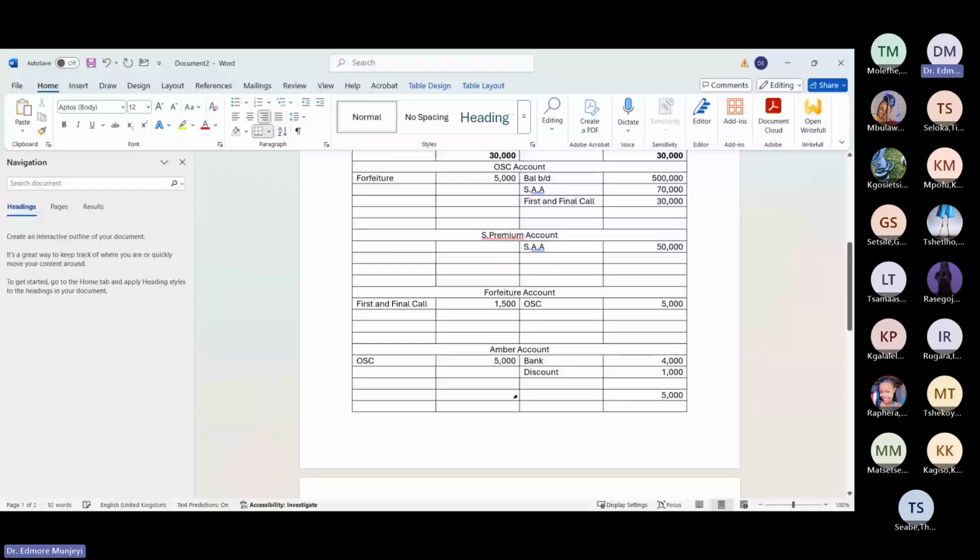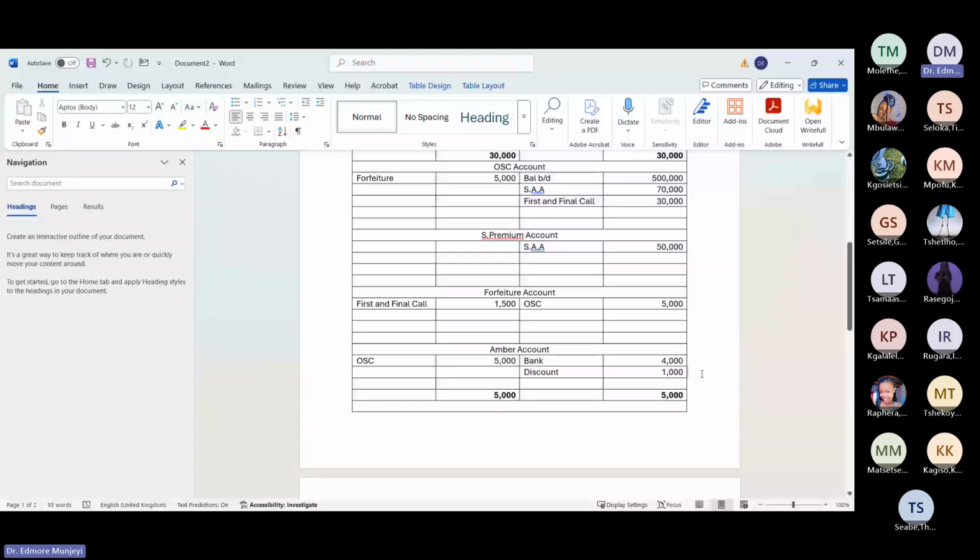So Ember bought 5,000 shares, right? 5,000 shares at the rate of 0.8. The original amount of those shares before was £1. So that means in our company, the value of those shares is 5,000. Even though Ember got them for 4,000, she had a discount of £1,000.